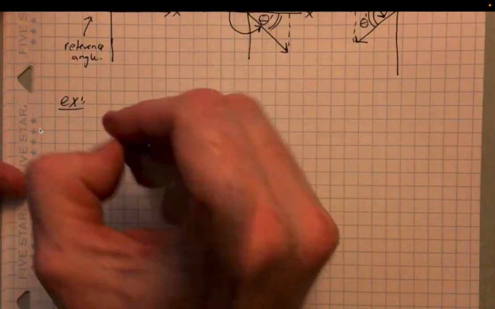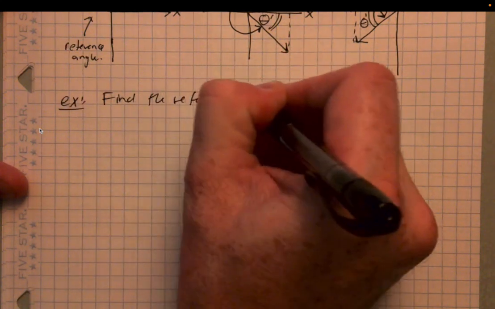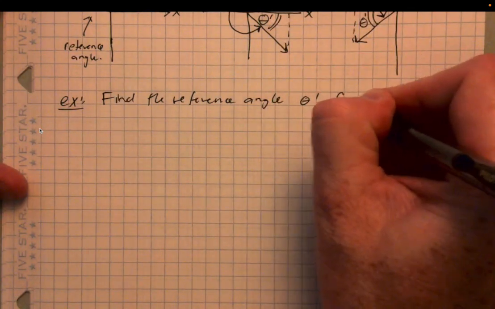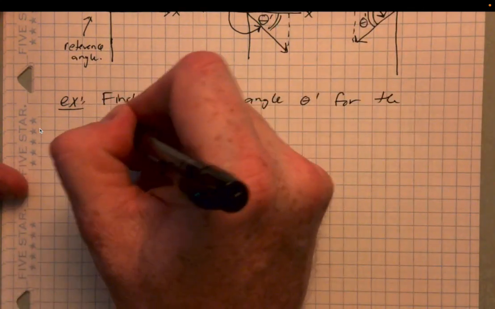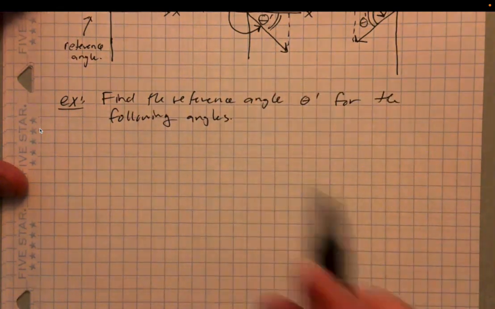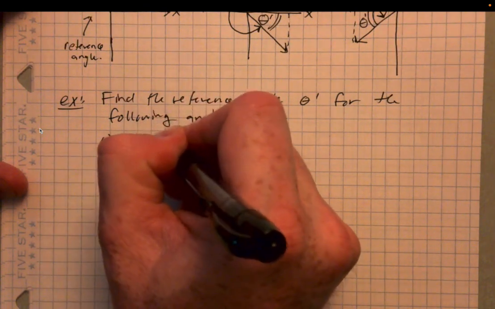Let's find the reference angle, theta prime, for the following angles. Let's put a bunch of them on here. A, theta equals 345 degrees.